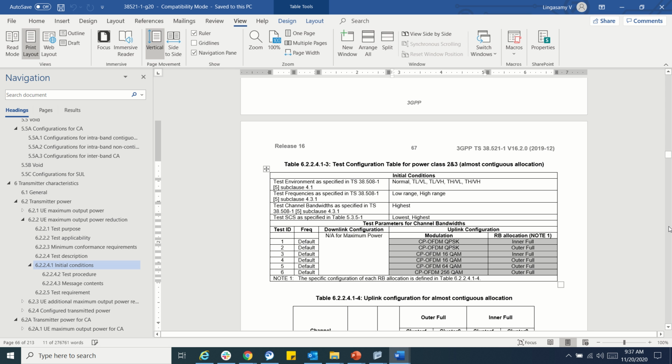Several RAN meetings happen, as I have mentioned before. In each RAN meeting, if someone finds some mistakes in this, they will amend it in the next release. I think every 6 months or 3 months, I don't know exactly. RAN 86 happened recently, and after that they release the new versions.